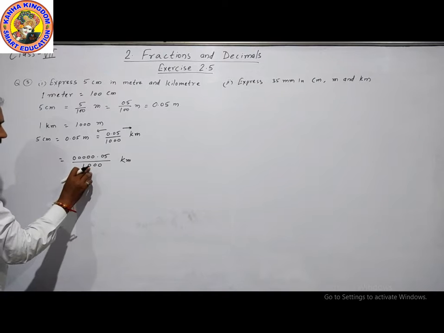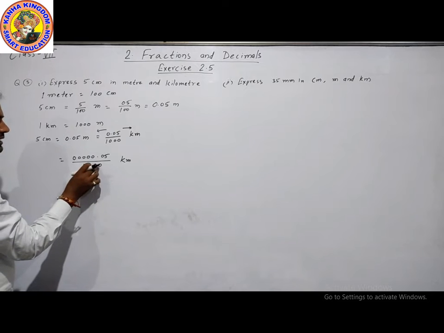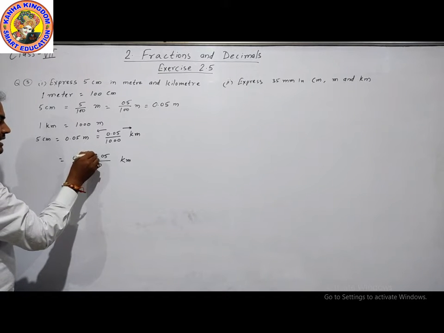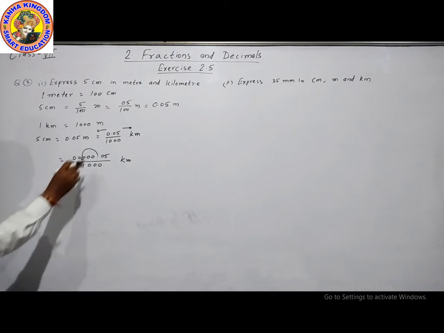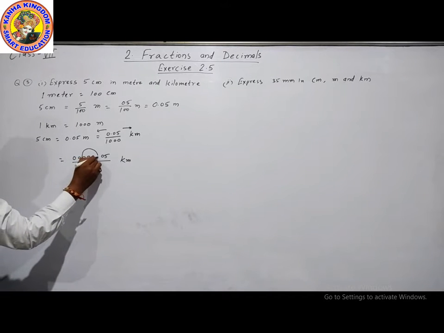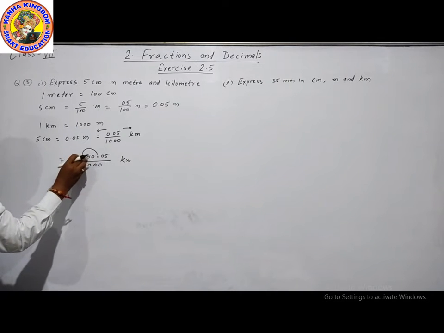Here in the denominator we have 3 zeros, so the decimal point will shift by 3 places, 1, 2, 3.